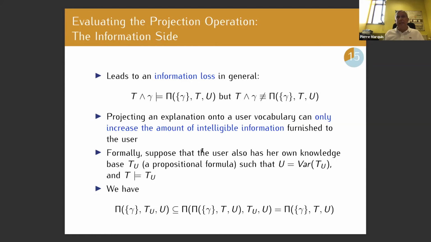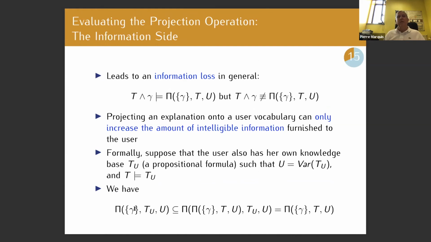We cannot avoid that. What is nevertheless interesting is that in some sense, considering this notion of projection will lead to furnishing the explainee all the intelligible explanations given a user vocabulary, simply because forgetting is defined as the most general consequence of a given formula that belongs to a vocabulary that could be expressed using a specific set of symbols.